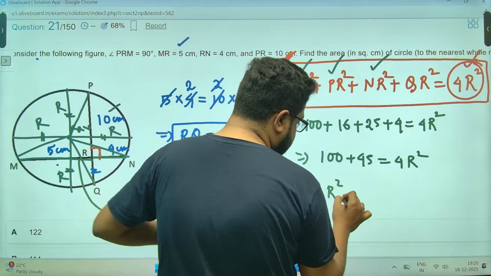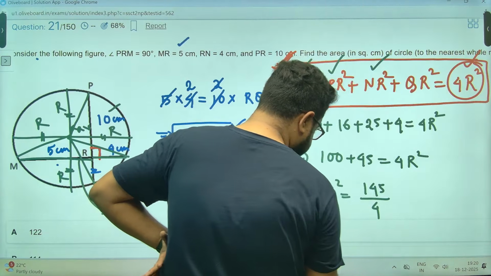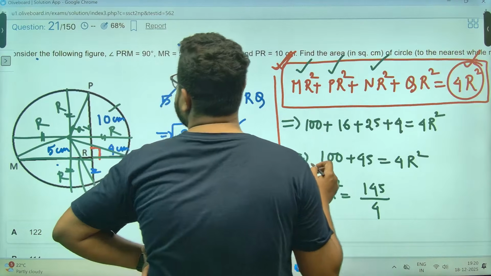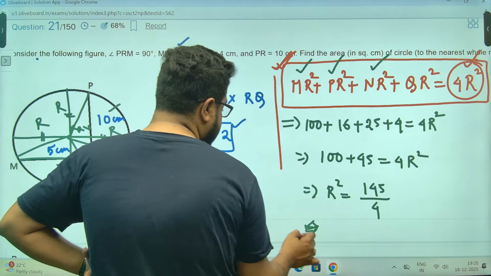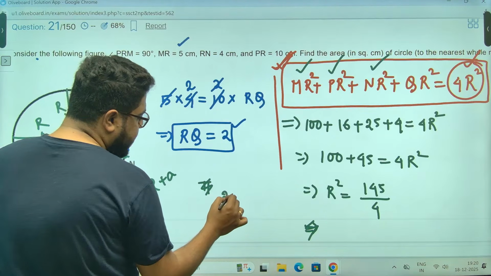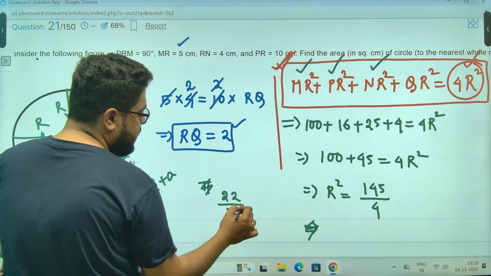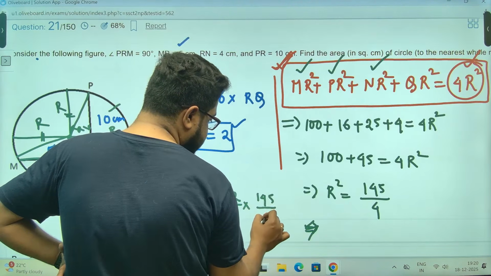R square becomes 145 by 4, sir. Nearest to the whole number. I don't need R because they are asking the area. So area will be 22 by 7 into R square. R square is given as this.